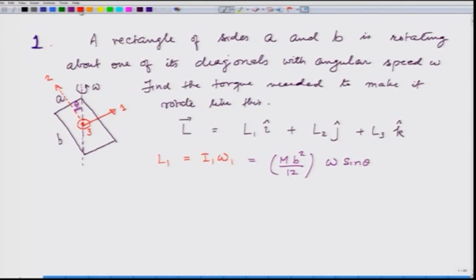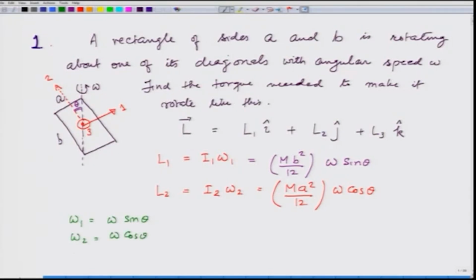Similarly, L2 is going to be I2 omega 2, which is equal to m a square over 12 times omega cosine theta. So, along the way, let us also write, I have already calculated this, omega 1 is omega sine theta, omega 2 is omega cosine theta, and omega 3, which is the component of omega along axis 3, no matter where the rectangle is, is always going to be 0.